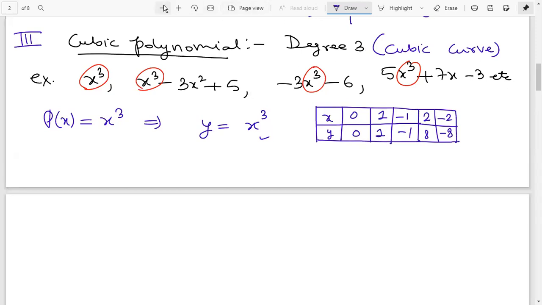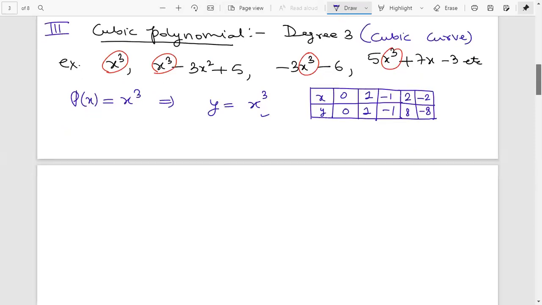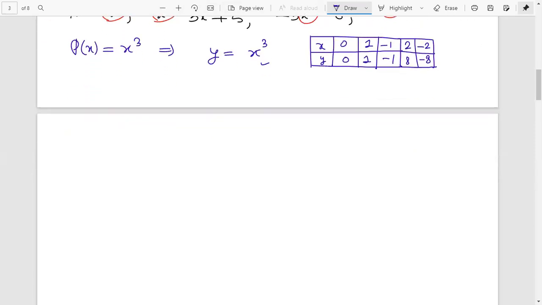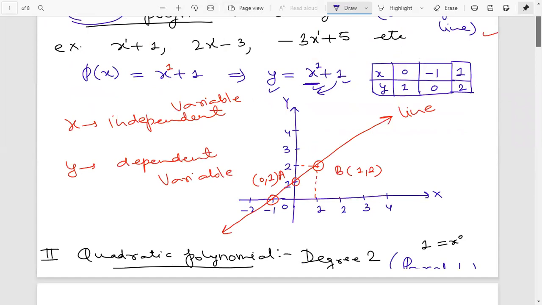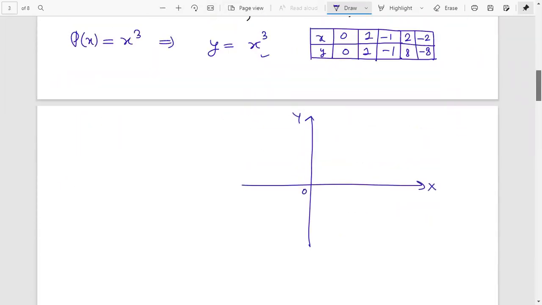Now we'll try to plot this curve on an xy coordinate system. So let me draw this graph. 0, origin, x, y. Now we have the equation.